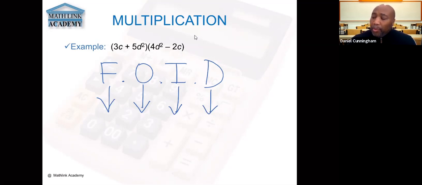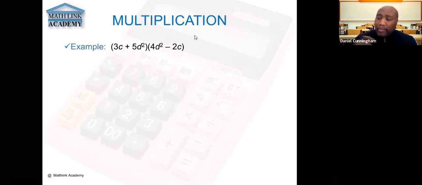We only do the FOIL method when we're multiplying two expressions with two terms. So when we talk about first terms, let me show you what we mean. The F will be right here: first.